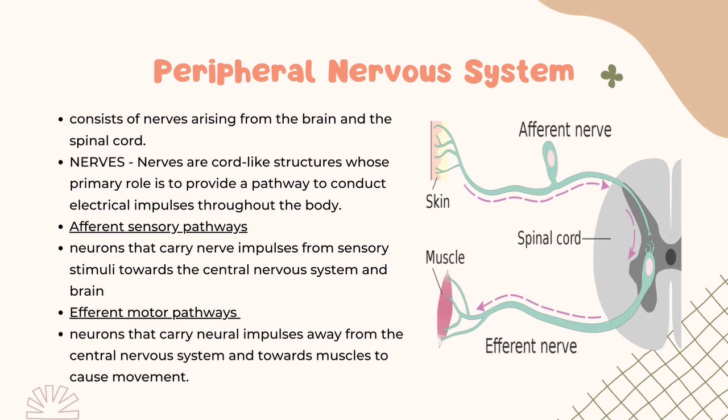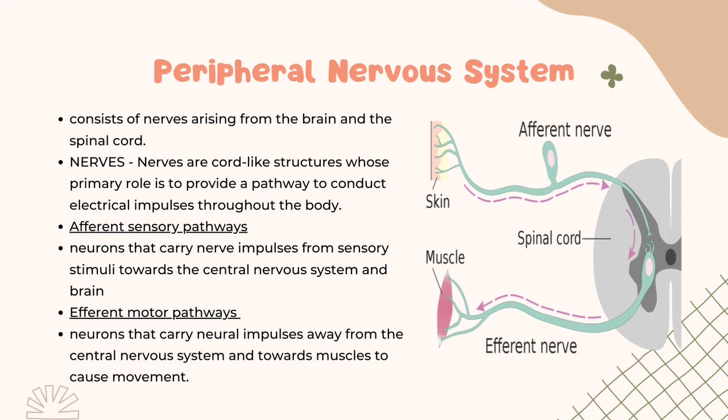Okay, so that is the importance of the central nervous system all in all. As you can see, the central nervous system does have many functions as well, just like the peripheral nervous system.